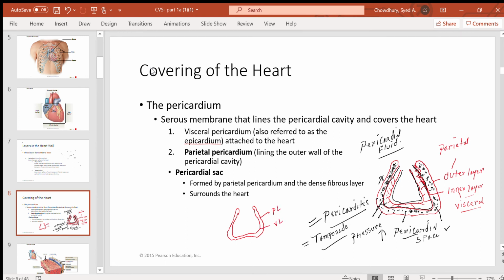The visceral layer forms the outermost layer of the heart, which is the epicardium, and this whole space is called the pericardial cavity, in which the heart is located, right? And this space between these two layers is called the pericardial space. So this is the pericardial cavity, this is the pericardial space, and it is partially filled with that fluid. Okay.